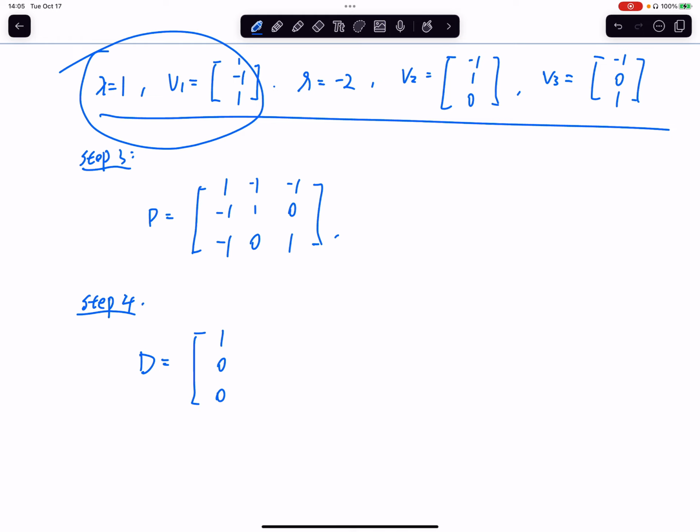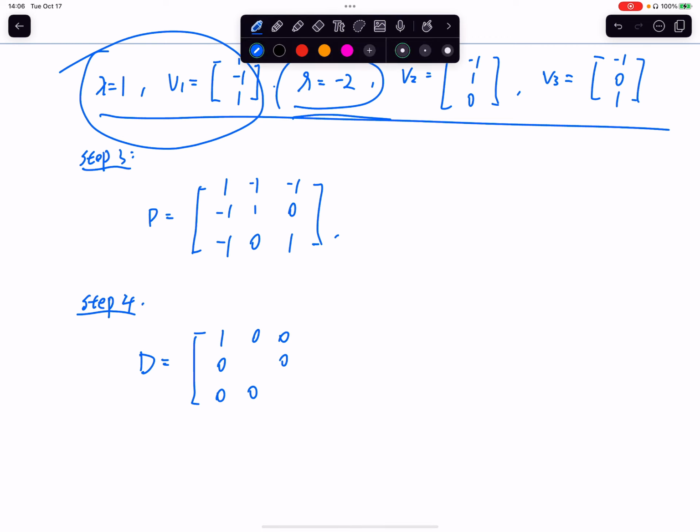But for the second one, lambda equals minus 2, it has multiplicity of 2, and since we want the main diagonal to have non-zero elements, we need to put minus 2 inside twice, since it has multiplicity of 2.